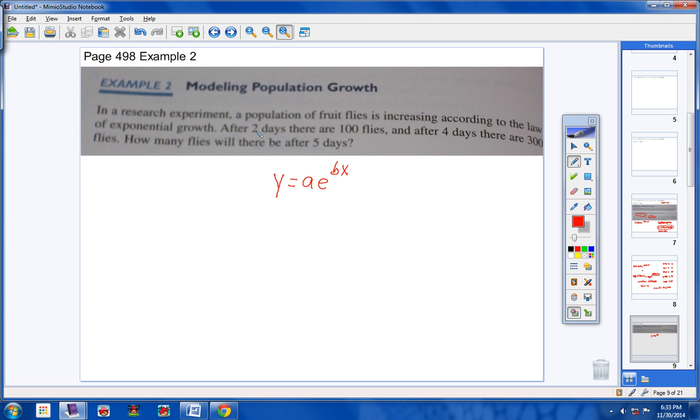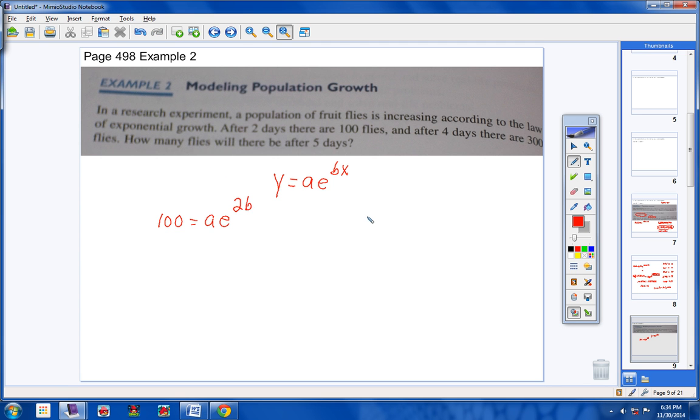If I put in 2 for x, I get out 100 for my flies. So where the y is, I put 100. Where the x is, I put 2. Okay, and b2 is the same thing as 2b. I'm just going to go ahead and put 2b.